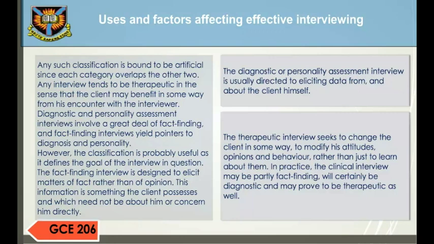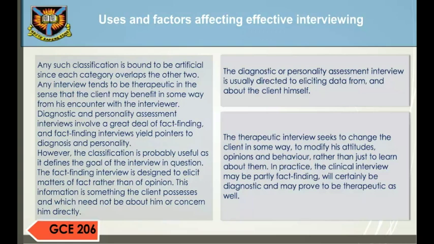The fact-finding interview is designed to elicit matters of fact rather than of opinion. This information is something the client possesses and which need not be about him or concern him directly. The diagnostic and personality assessment interview is usually directed to eliciting data from and about the client himself.